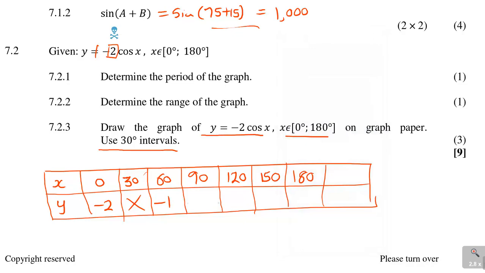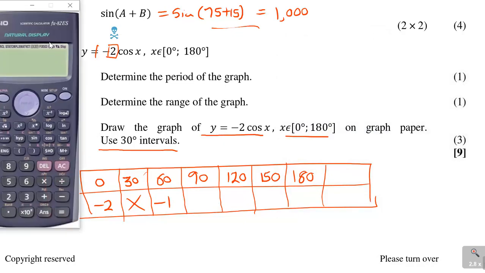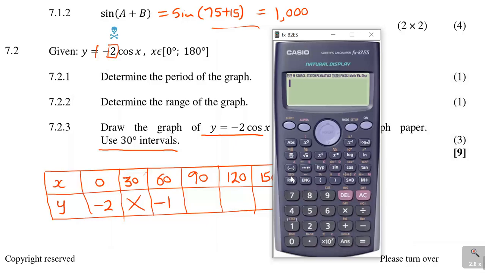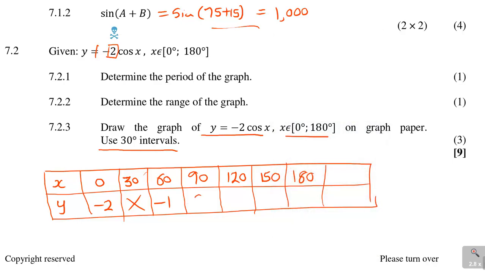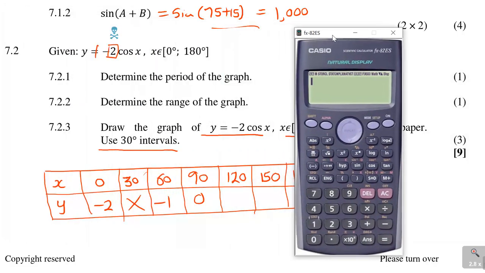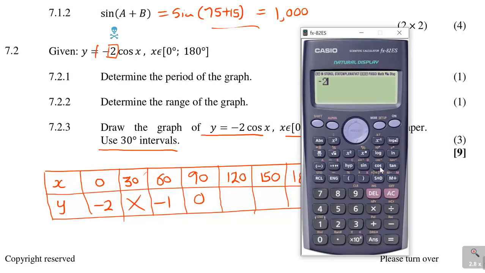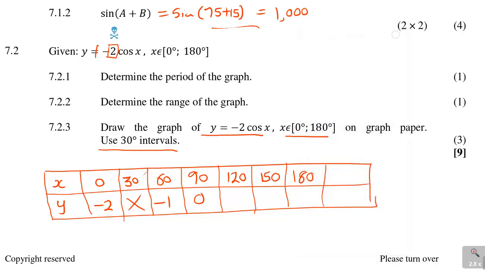Then let's do 90. Minus 2 cos 90, negative 2 cos 90. We got a 0. Do 120, which is negative 2 cos 120. Gave us a 1.